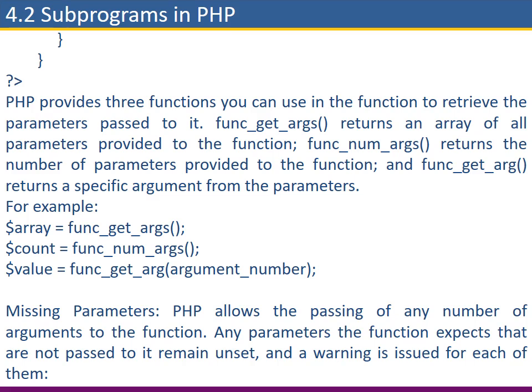The dollar sign count is equal to func_num_args. The dollar sign value is equal to func_get_arg with the argument number. So it gets the value of a specific index. That is, func_get_arg gets the specific input at any position, at a particular position or argument number.